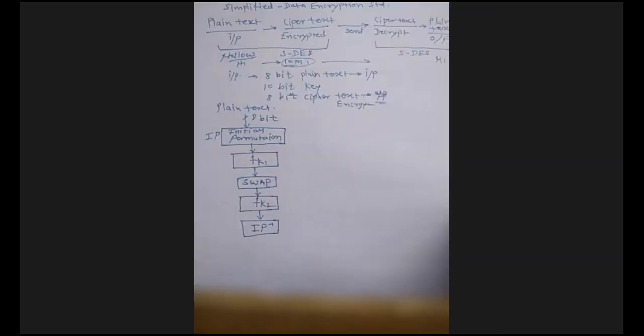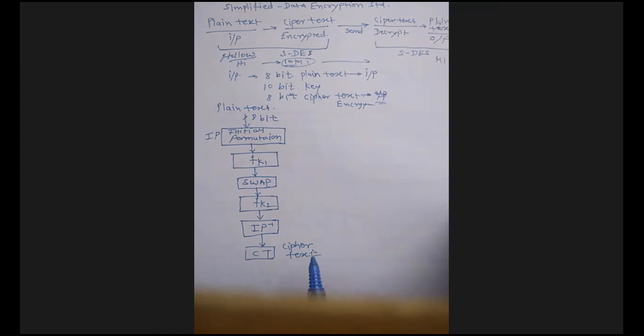And after applying the IP inverse, I get this CT. CT means the ciphertext. So this is the initial diagram.